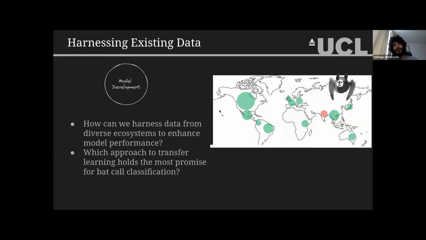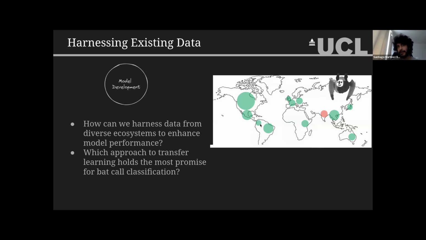And so one of the questions is, okay, that might not be the reality in a very data poor region, for example, Colombia. But there's still, not sufficient, but there's still loads of examples from different ecosystems and from different species. So how can we harness that data to enhance model performance even on these smaller data sets?